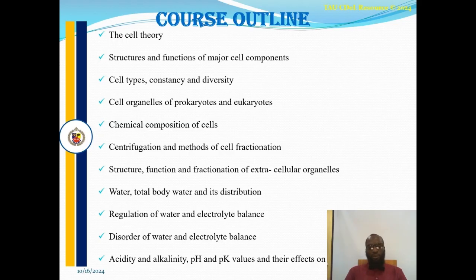We're going to be looking at water, total body water and its distribution. We're going to be looking at regulation of water and electrolyte balance, disorder of water and electrolyte balance. We're going to be looking at acidity and alkalinity. We're going to be looking at pH and pK values and their effects.